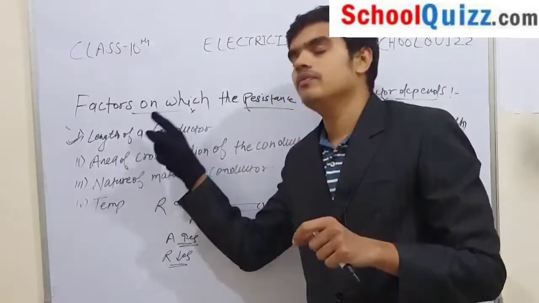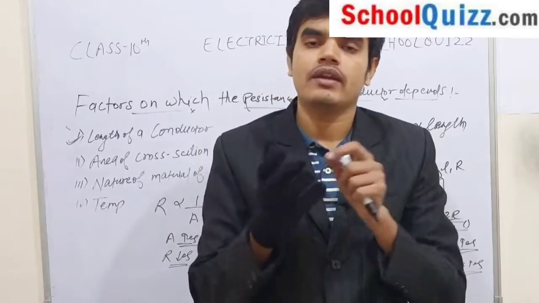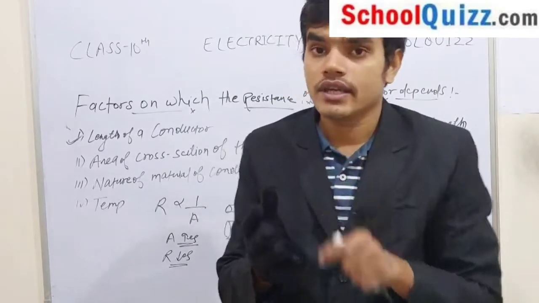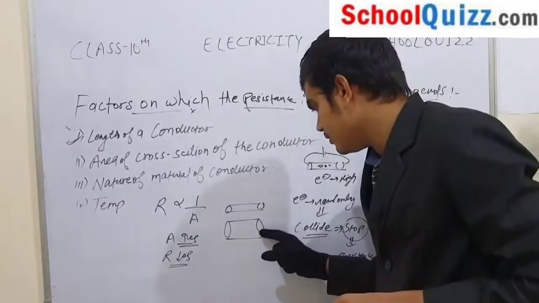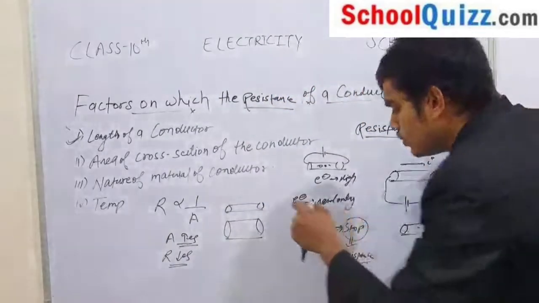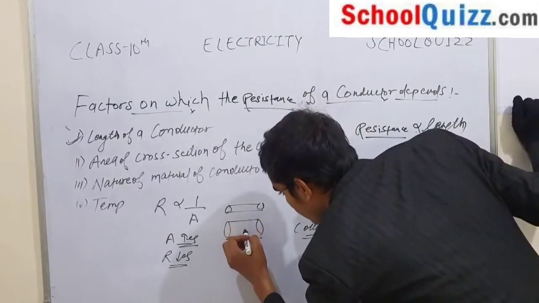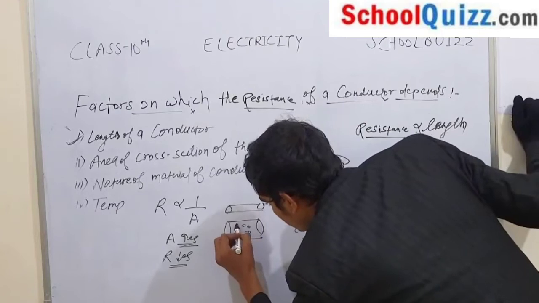In the first factor, we increase the length, so our electrons increase and the resistance also increases. But in the second, we are increasing the area, so why does our resistance decrease? It is 100% true that if you increase the area of the conductor, then your electrons also increase.